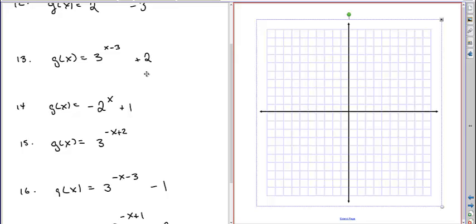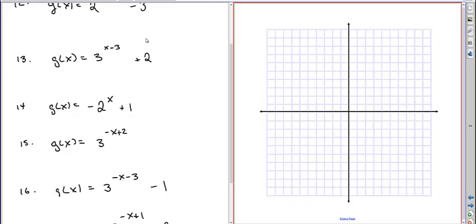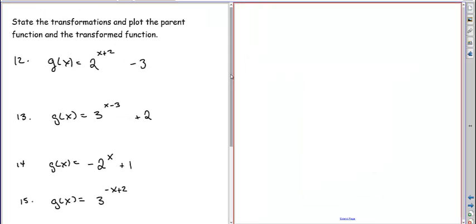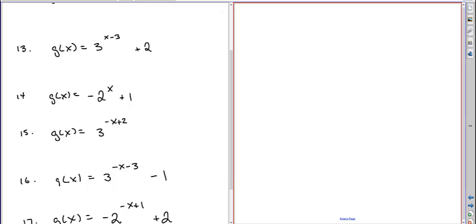So let's put a page in here. Okay, so we're in 15. So our parent function is going to be 3 to the x.